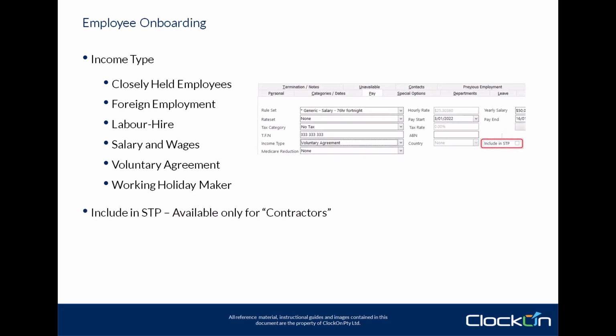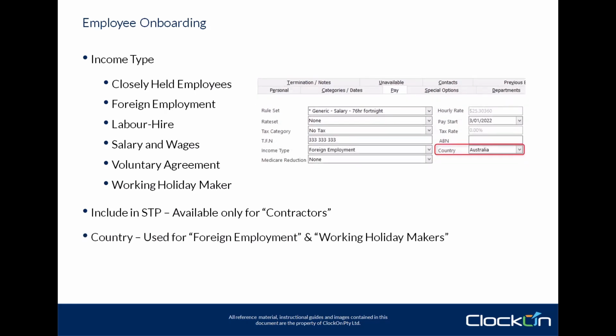That'll be included for everyone else, but it's disabled by default for contractors, which is again voluntary agreement. So if you need to turn on a contractor to submit to STP, you'll need to manually remember to tick on that option. And we've got another field in here for country, which is for use with the foreign employment and the working holiday makers. We'll discuss that in a sec.